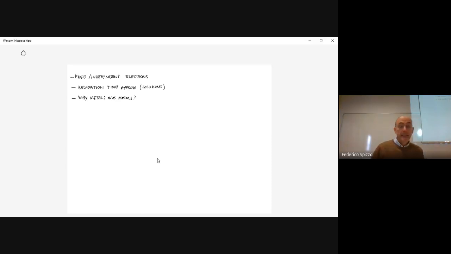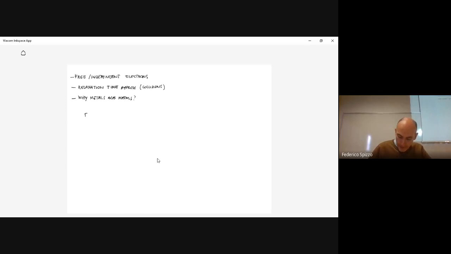So at this point, one should try to relax one of the hypotheses that are quite restrictive concerning the approach that we use for the description of the solid state. And the question is, what is the hypothesis that I should try to relax? The main hypotheses are free and independent.